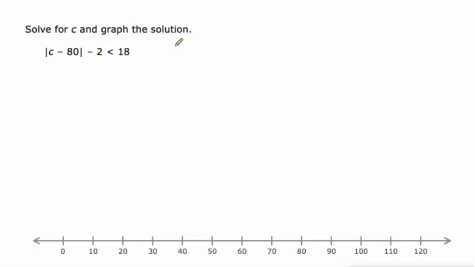Next up, on this one I have to isolate the absolute value quantity first. So the first thing I have to do before I write my compound inequality is add 2 to both sides. Once I have the absolute value quantity isolated, I can write my compound inequality, which is that c minus 8 is between negative 20 and positive 20.